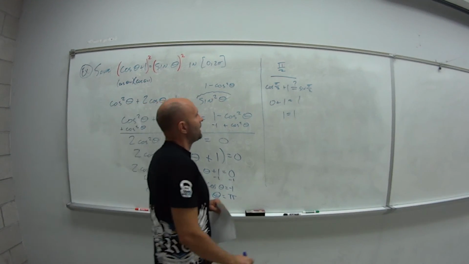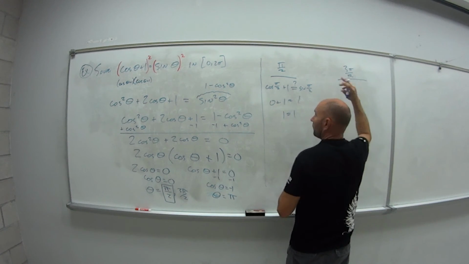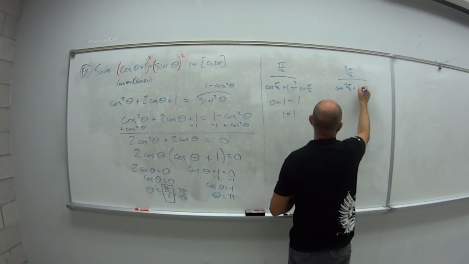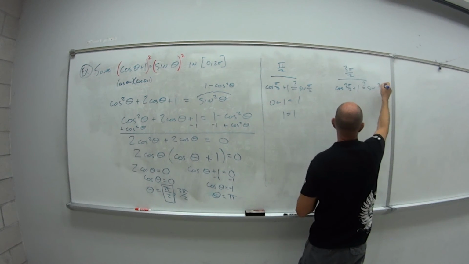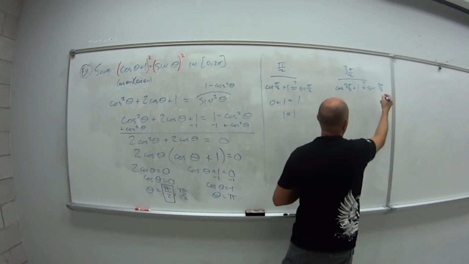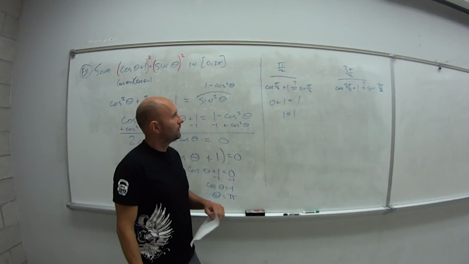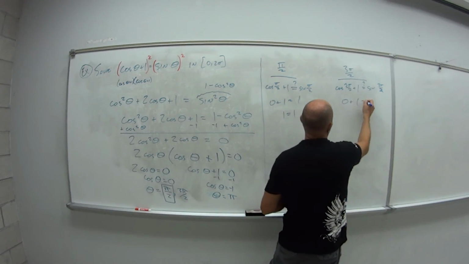Let's check 3 pi over 2. So if we plug that in, we get cosine of 3 pi over 2 plus 1 is equal to, is it in fact equal to, sine of 3 pi over 2. So cosine of 3 pi over 2 is 0 plus 1.